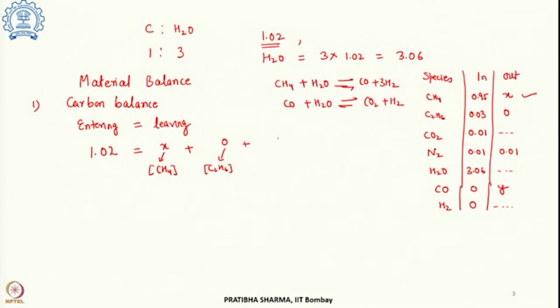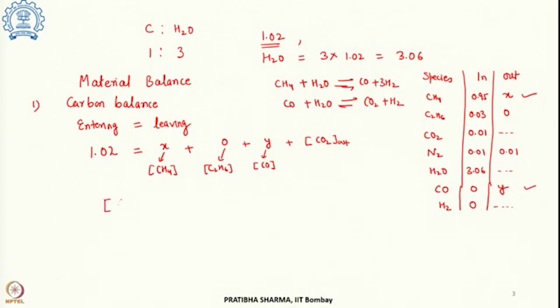Now, we have CO, which we have represented by Y, the term arising from CO, and then the term arising from CO2. The CO2 output we will find from this carbon balance.